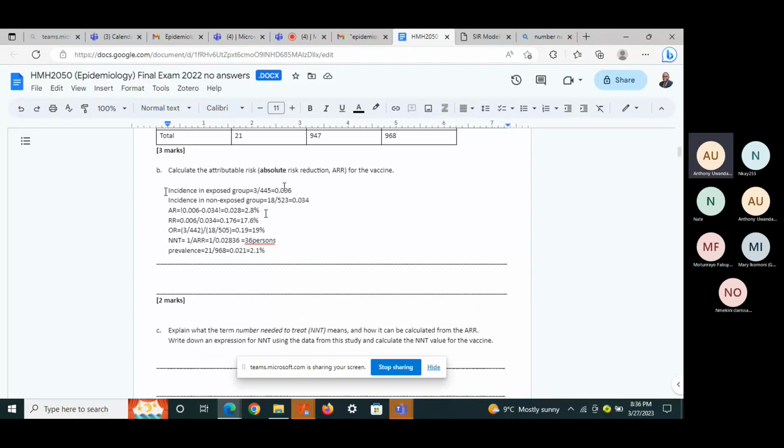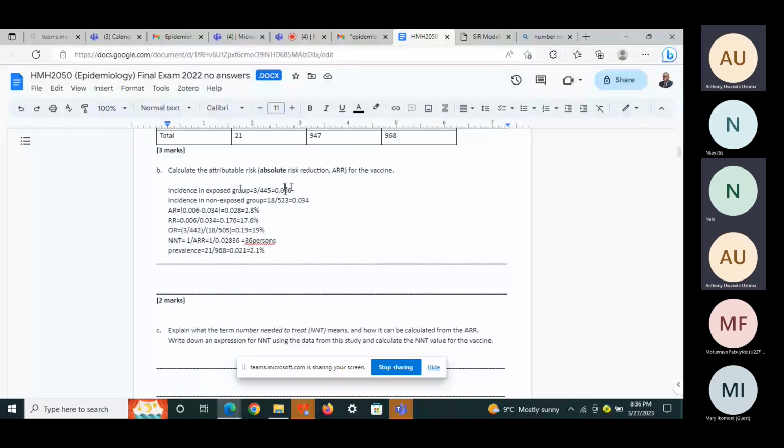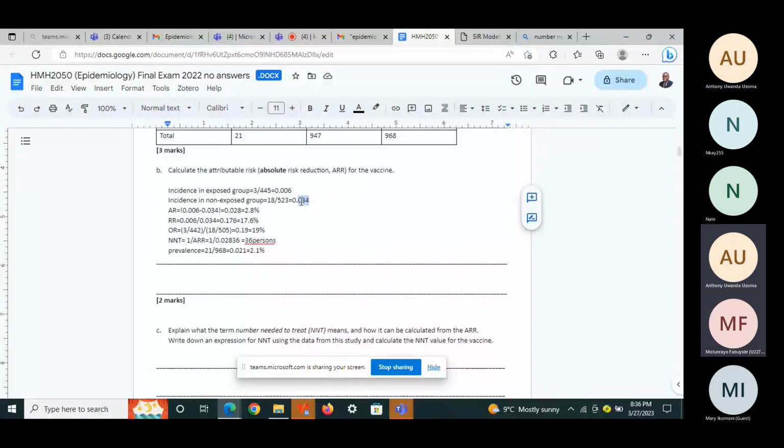Someone is saying she can't see anything. But you can see my screen now, so the person can log out and log in again. It's not from my end. Can you guys see what I'm highlighting now? Yes. So the incidence is also known as the risk too.